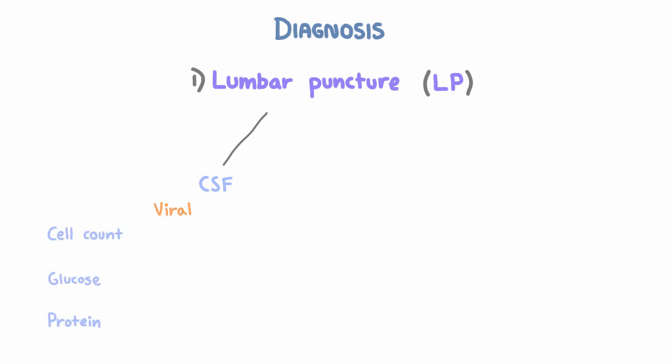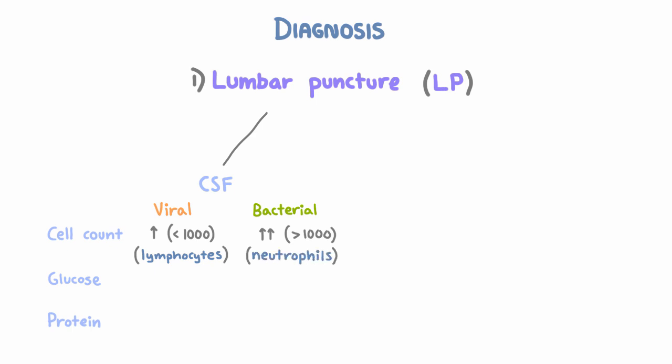With a viral infection, the white cell count is usually high, although usually not higher than 1,000 white blood cells per microliter, whereas with bacterial meningitis, it's usually higher than that. And the white cells you see are usually lymphocytes, whereas in bacterial meningitis, normally you see neutrophils. The glucose with a viral infection should be normal, whereas it's usually low with bacteria, and the protein can be either normal or moderately elevated, whereas it would be elevated in a bacterial infection.